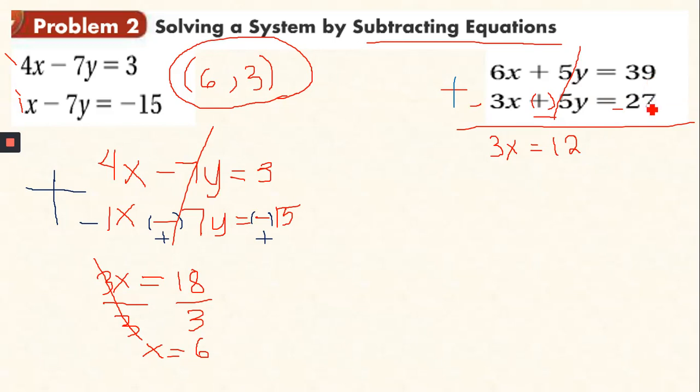Okay, because 9 minus 7, that is 2. 3 minus 2, that is 1. Dividing both sides of the equation by 3. So you now have 3 divided by 3, that is 1. So x now is equal to 12 divided by 3, that is 4.